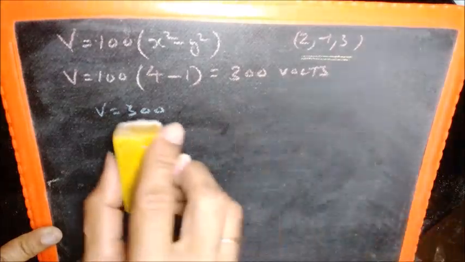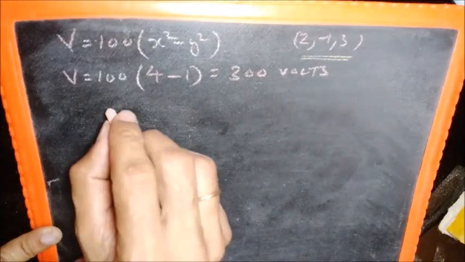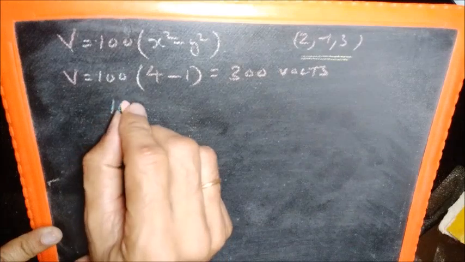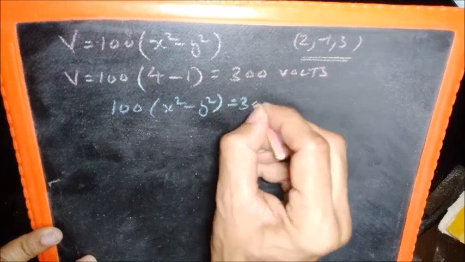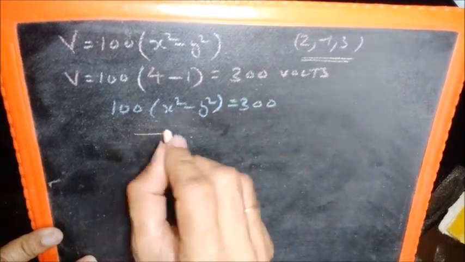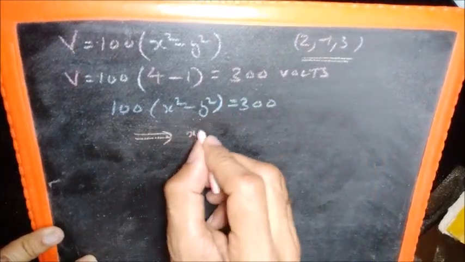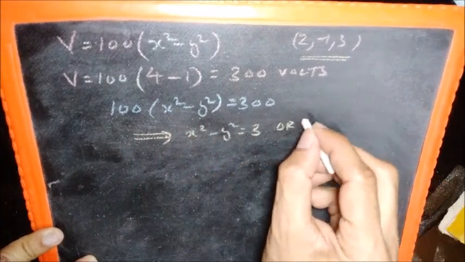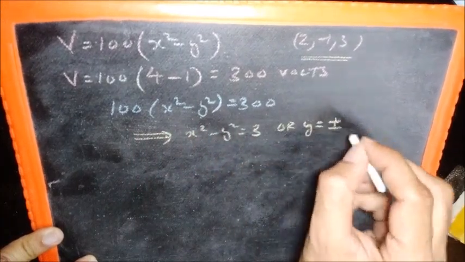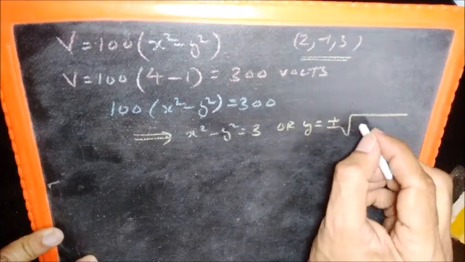So if I set V as equal to 300 here, I get 100 times x square minus y square is equal to 300, which gives us x square minus y square is equal to 3, or y is equal to plus or minus square root of x square minus 3.